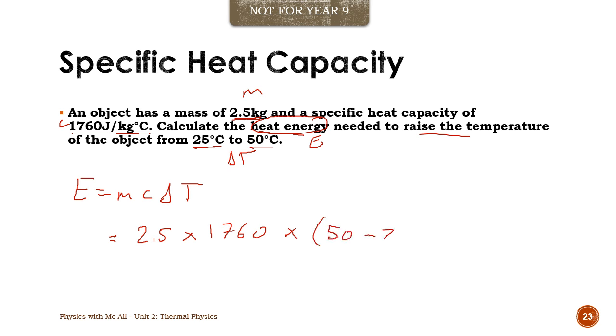So 50 minus 25, because I want to know the difference, which is 25, so no need for much fuss. So if you open up the calculator, 2.5 times 1760 times 25 gives me 110,000 joules.